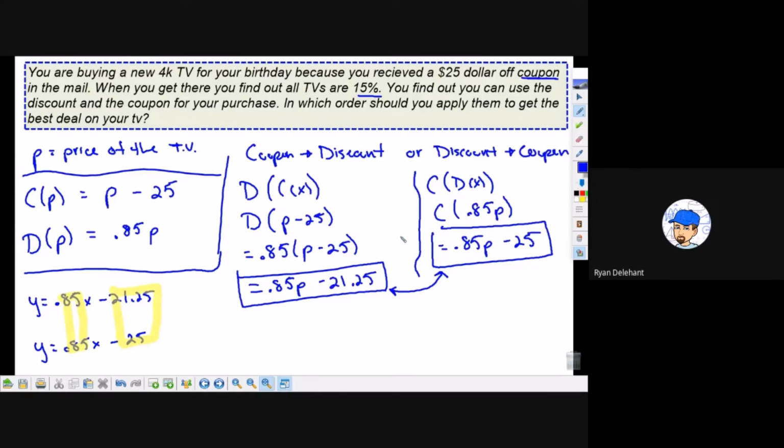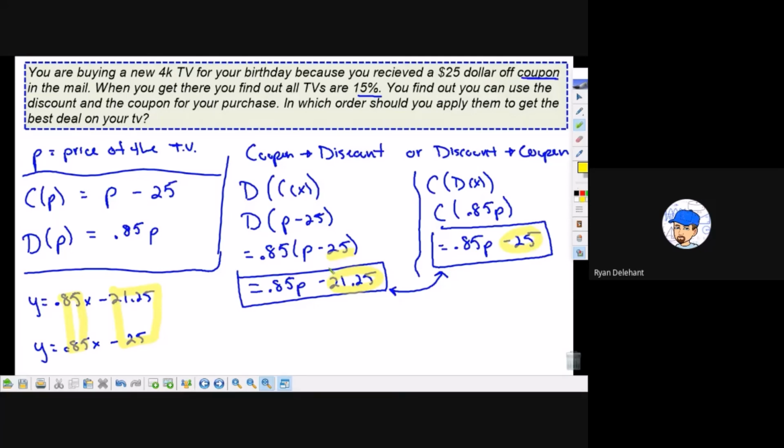And the key to this lies in the only thing that's different in the whole equation. This right here. What happened to our coupon? This was our coupon right here. Because we did the coupon, then the discount, right?